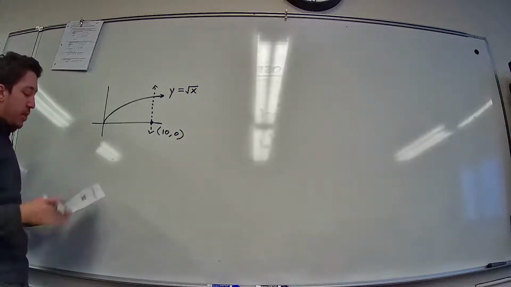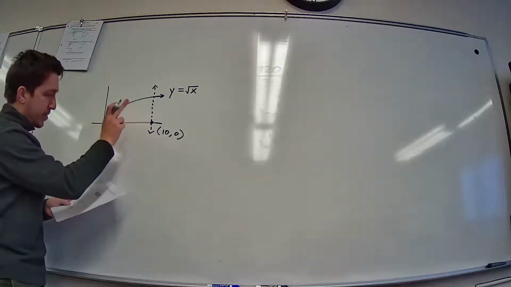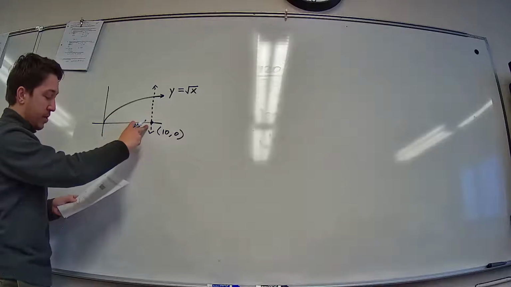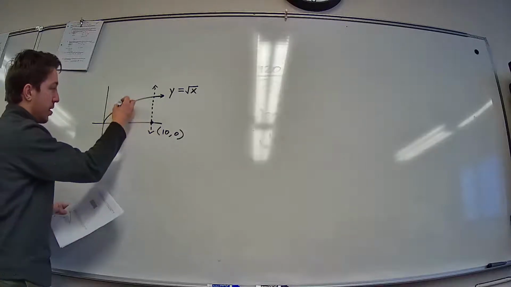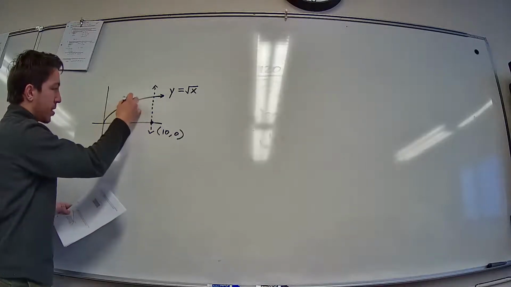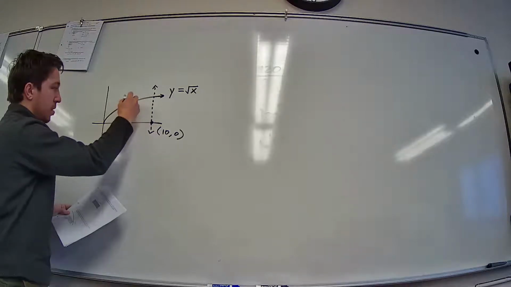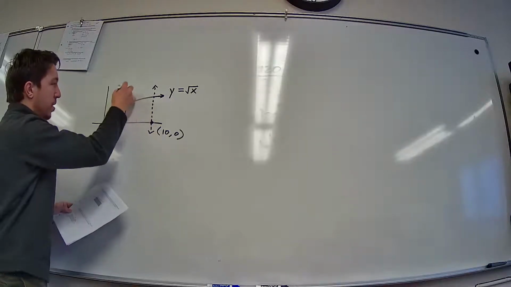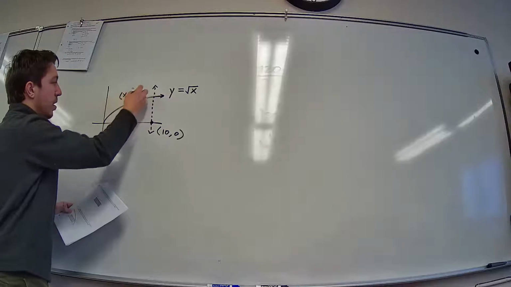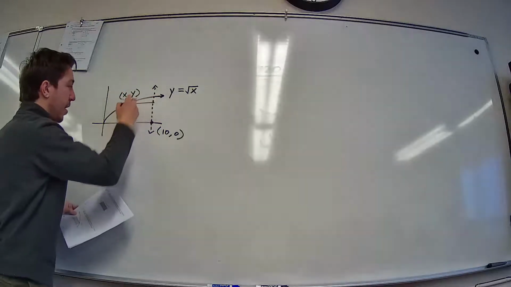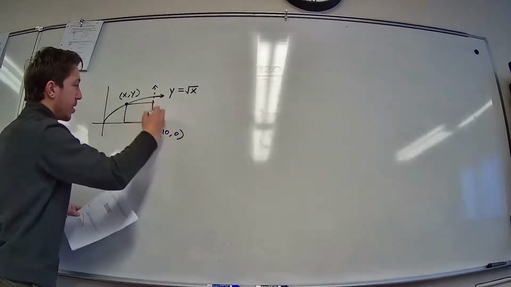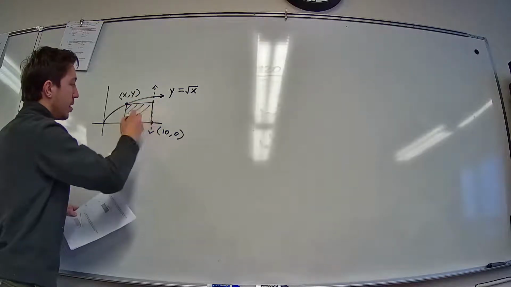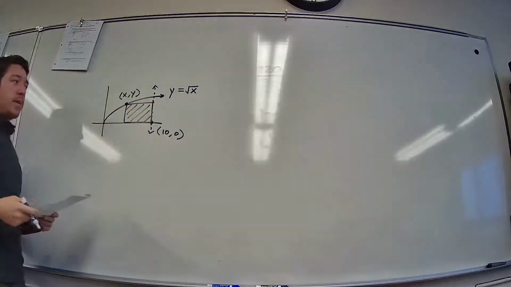And it says, assuming you have a rectangle that has this as its bottom right point, and some point along this curve, this is some point x, y. If we've got our rectangle inscribed inside that, what is the biggest possible rectangle you can get?